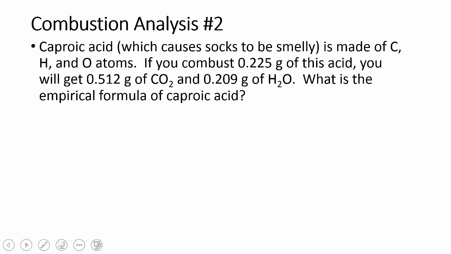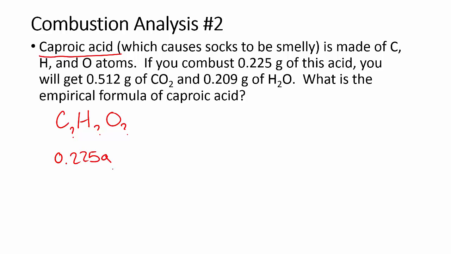So here's a practice problem which we're going to walk through. Let's break down what we know. We've got caproic acid. It's made of carbon, hydrogen, and oxygen. And we don't know what the mole ratio is, what these subscripts should be. But we do know that we have a 0.225 gram sample of this acid.